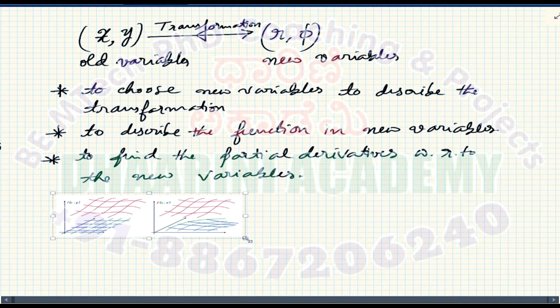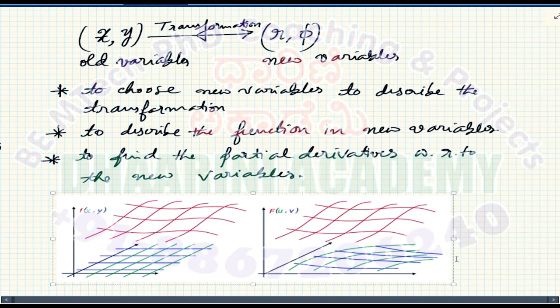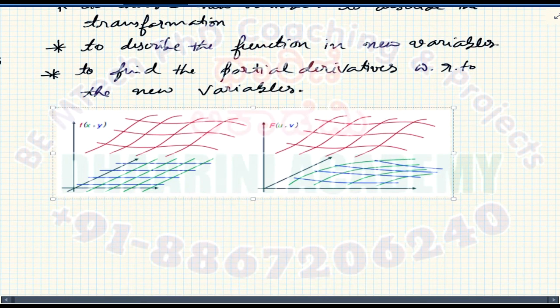So in this diagram, we can see two different functions. On the left hand side we can see f of x, y, which let us consider is a surface over constant x and constant y, the one which we considered earlier.